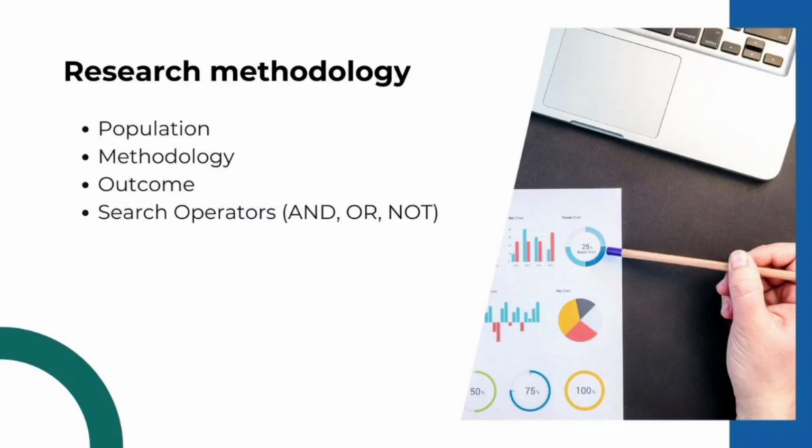The second thing is the research methodology. Research methodology discusses how we are going to put these research questions into a particular search string. What will be our population, what will be our methodologies, and what will be our outcomes.